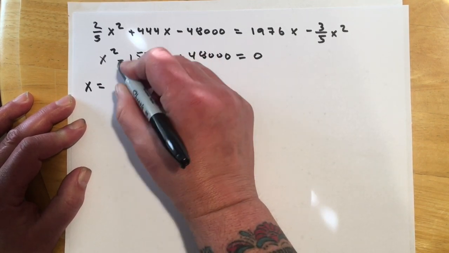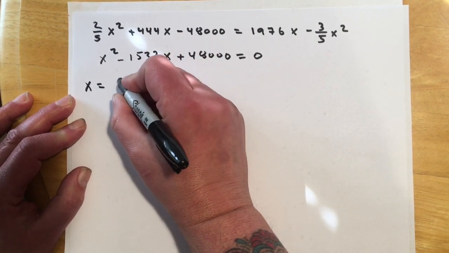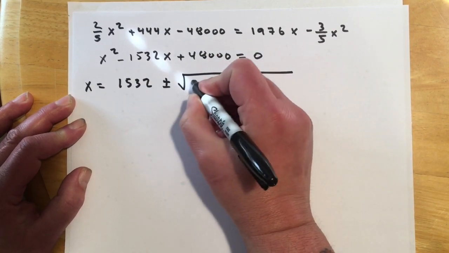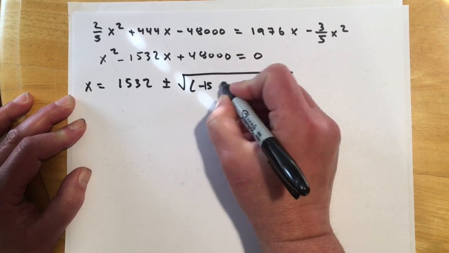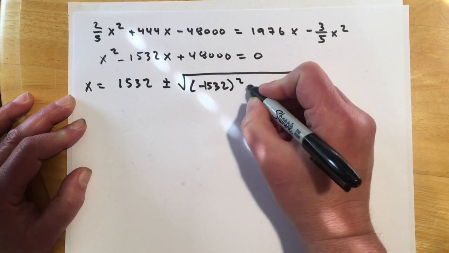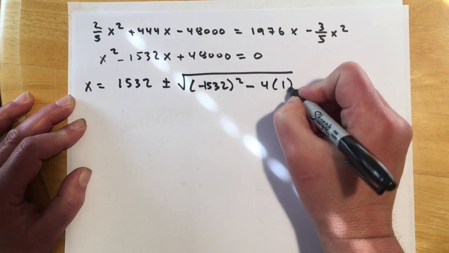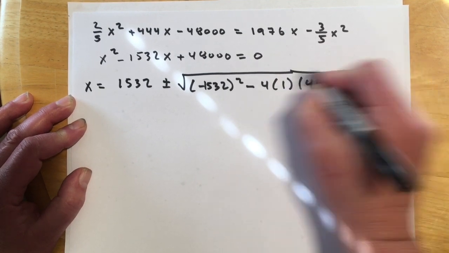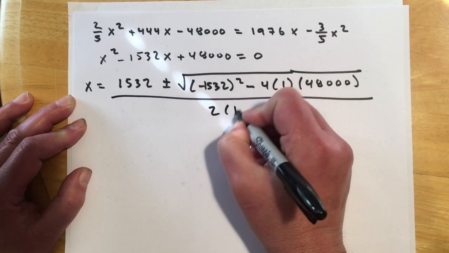And so I'll have the negative of negative 1532, so 1532 plus or minus the square root of negative 1532 squared minus 4 times a times c, all over 2a.